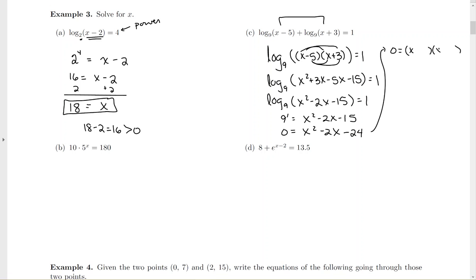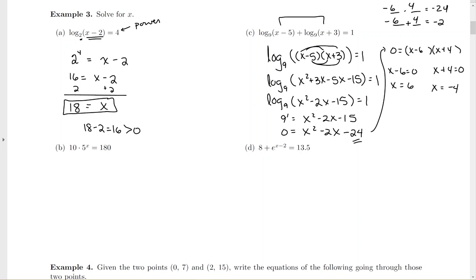So x times x multiplies to negative 24 but adds to negative 2. So this is where you've got to be pretty quick with your multiplication tables. 6 times 4. And let's put a negative on the 6 and a positive on the 4. Set each factor equal to 0, solve for x, and you're going to get two solutions out.